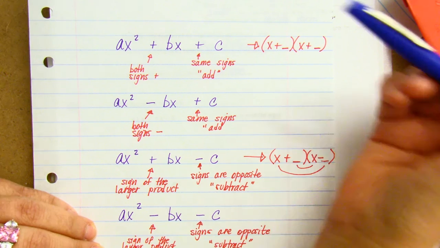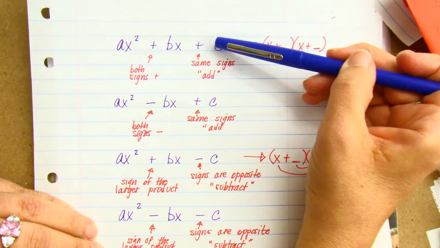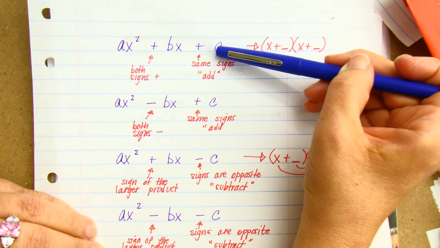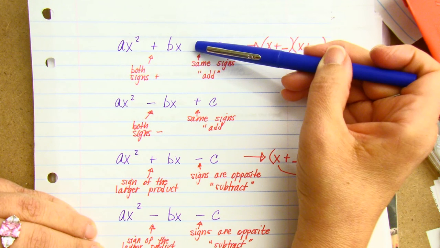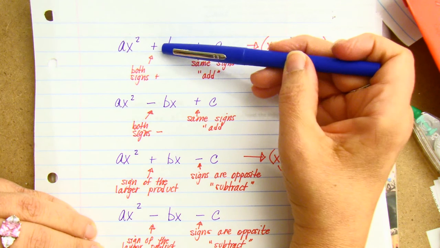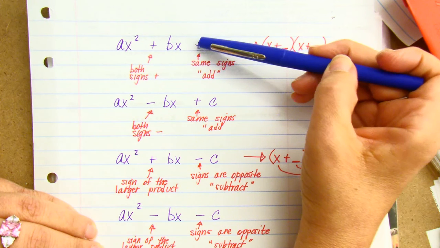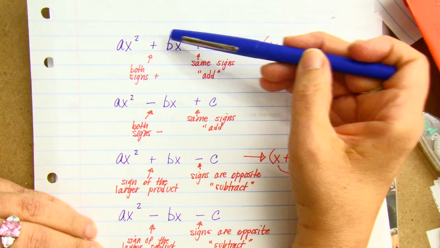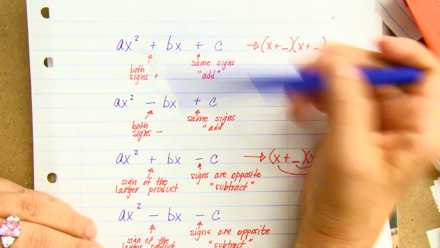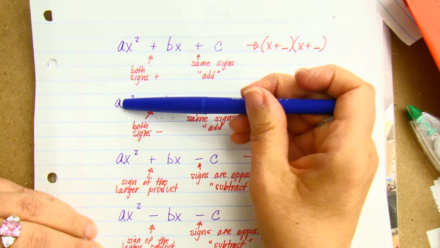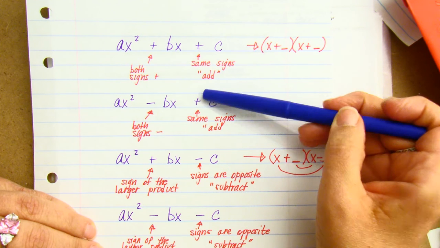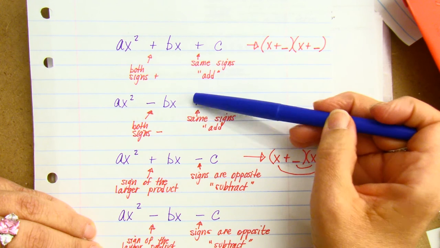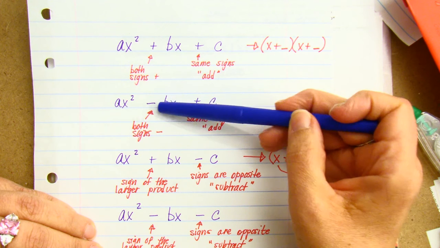So I always read this backwards. What two numbers multiply to give me this that when I add them, give me this number? The signs are the same when this is plus. They are both positive. This one, backwards: what two numbers multiply to give me this that when I add them, give me this b value?